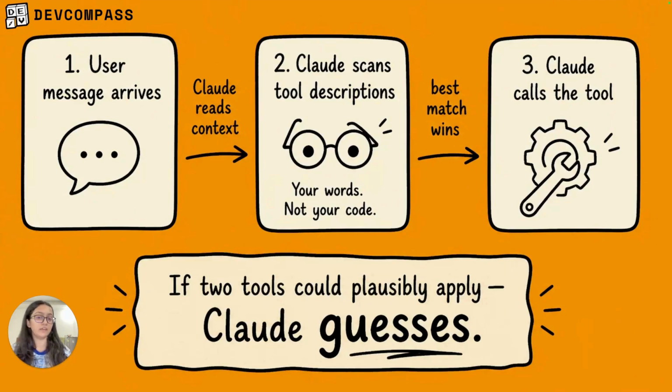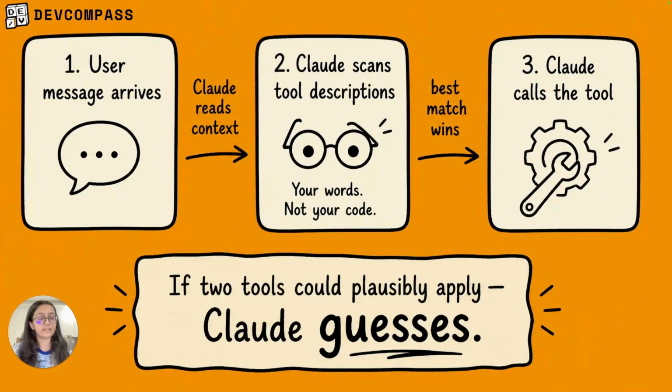Each tool has a name and a description, a text that you basically write while you're building your agent. When Claude receives a user message and decides that it needs external information, it reads those tool descriptions and picks up the tool that best matches what it is trying to do. That is the entire selection mechanism.